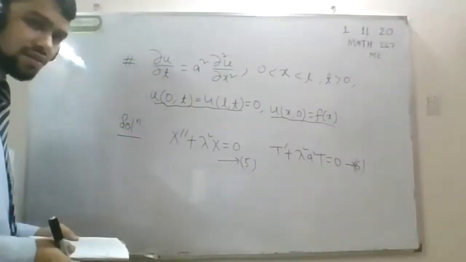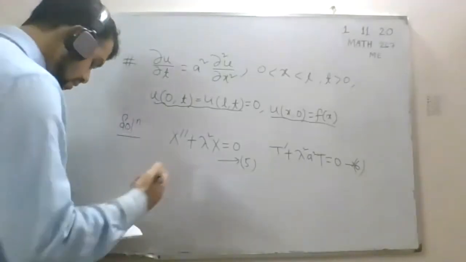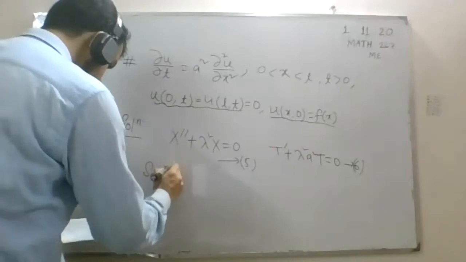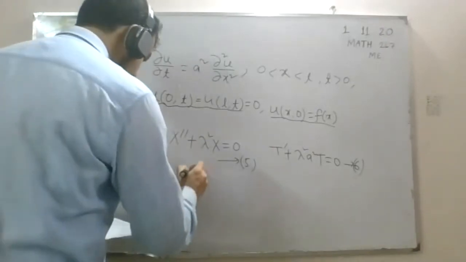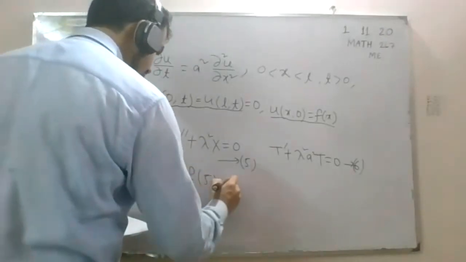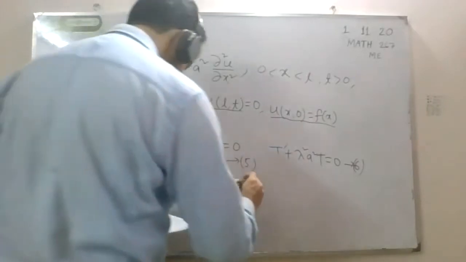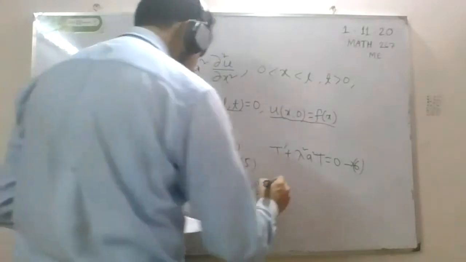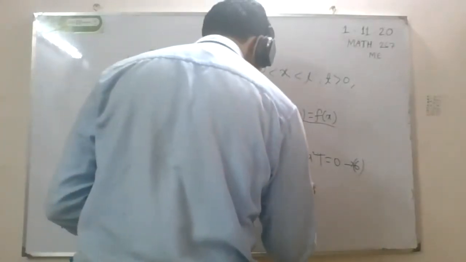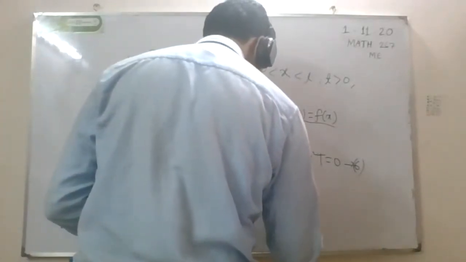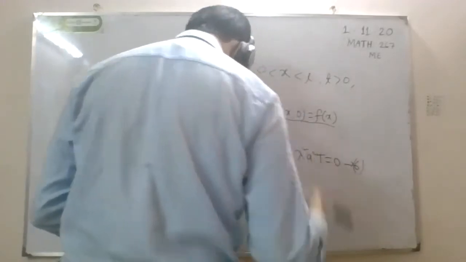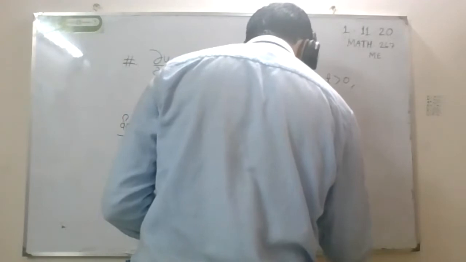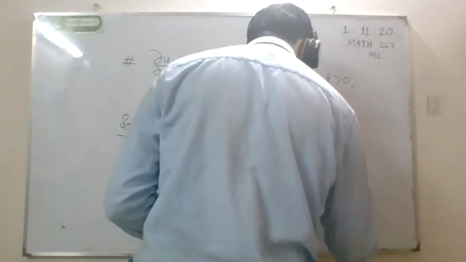Now you have to find out the solution from here, which I also wrote in our previous class. So here the solution of X is c1 cos lambda x plus c2 sin lambda x.